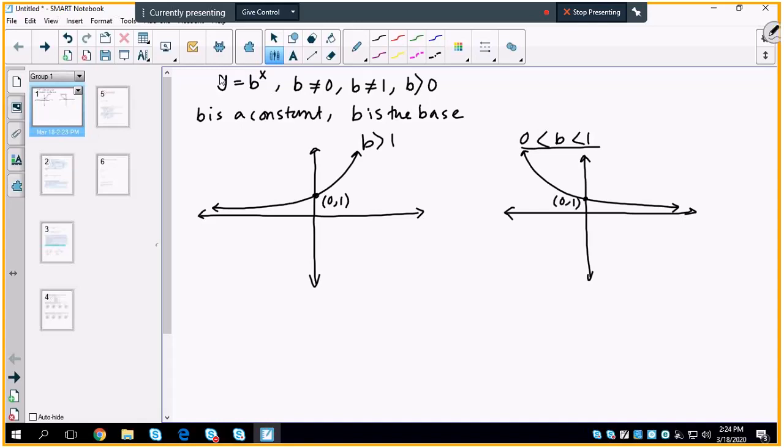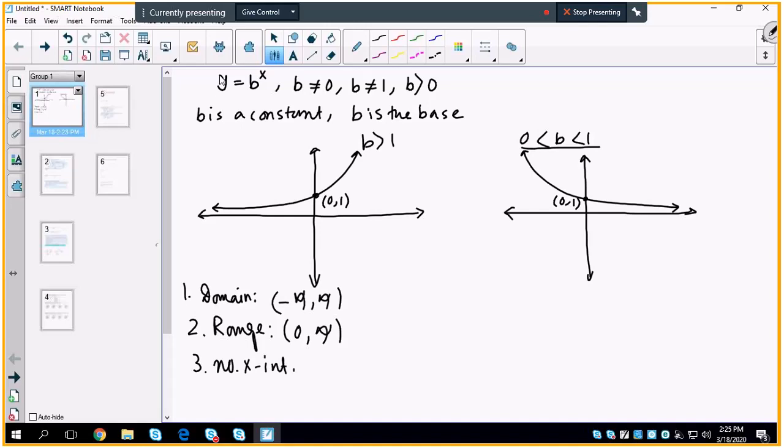We talked about a bunch of properties, and I want to remind you of some of these. We talked about the domain, and we said the domain of either type of exponential is negative infinity to infinity. We talked about the range, and we said that the range is always 0 to infinity. There is no x-intercept, and the y-intercept is always the point (0, 1).